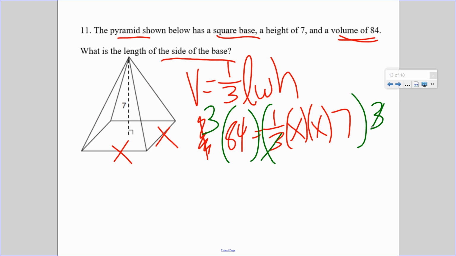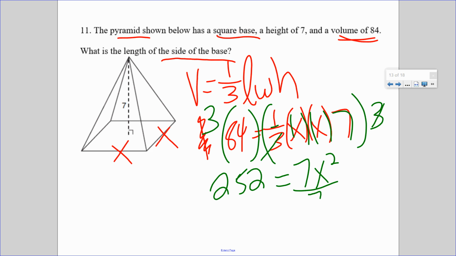That gets my denominator to cancel. 84 times 3, you can use the calculator if you want. That's 252. Equals x times x times 7, which is 7x squared.